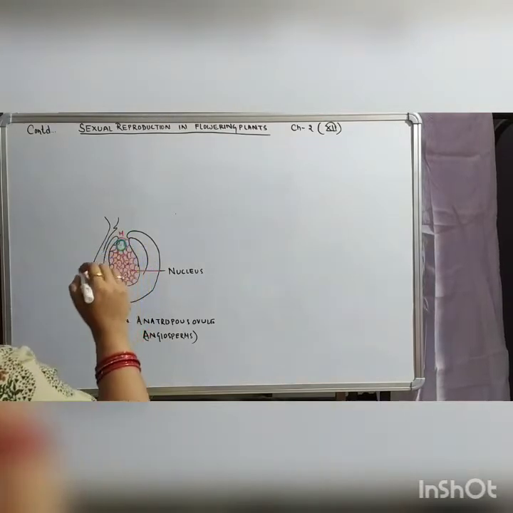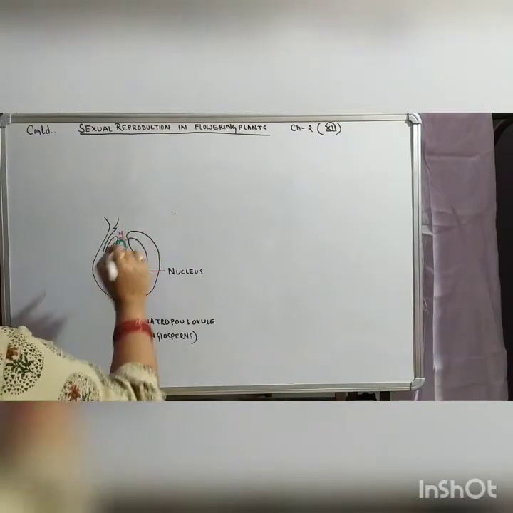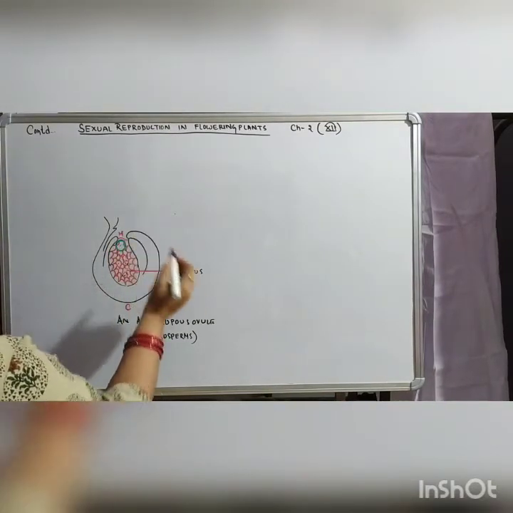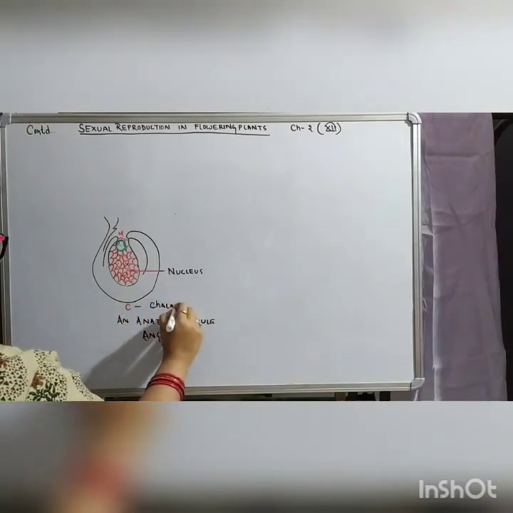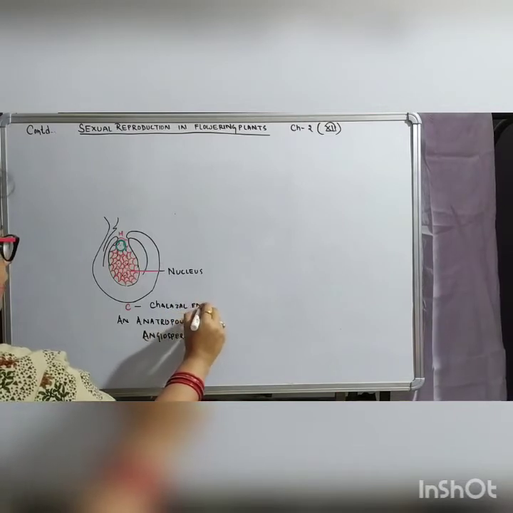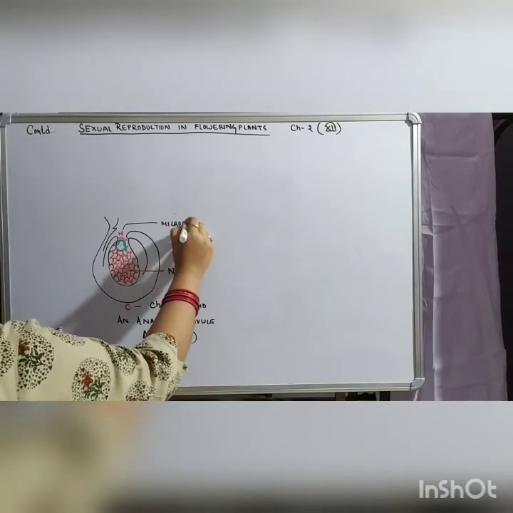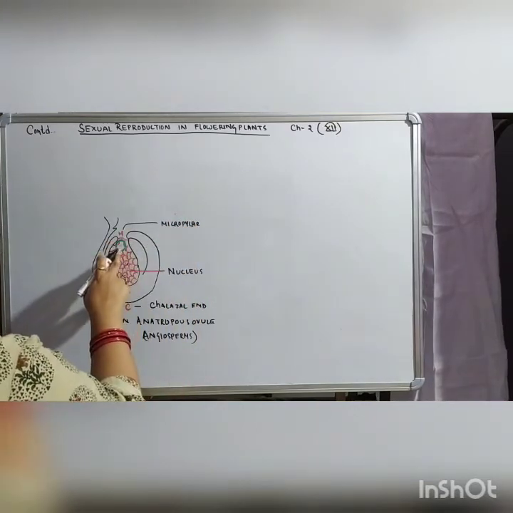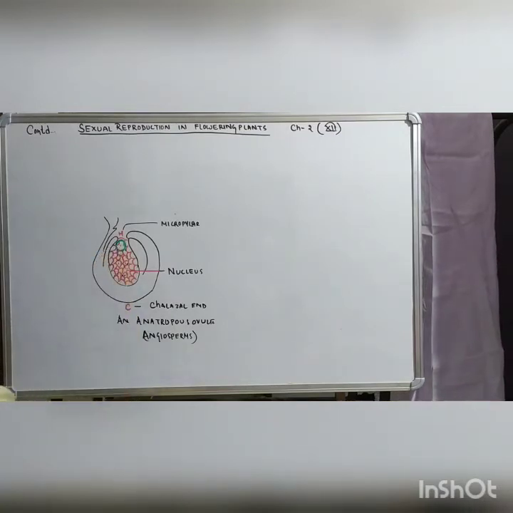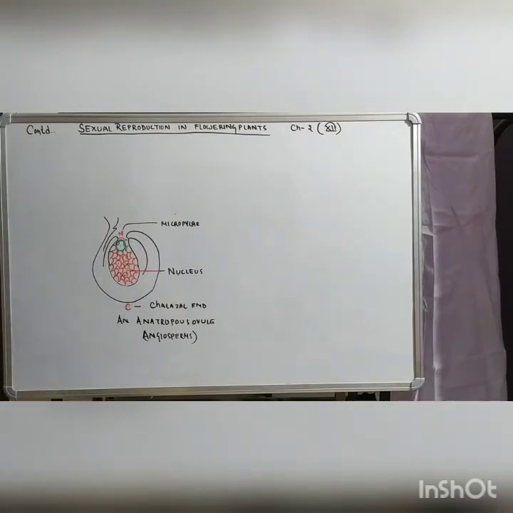You can see a very circular ring in this whole structure. What is that? It is towards the micropylar end. M means micropylar end, and C means chalazal end. Toward the micropylar end, a large cell has been approaching.